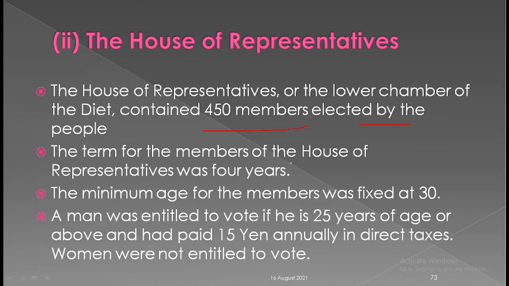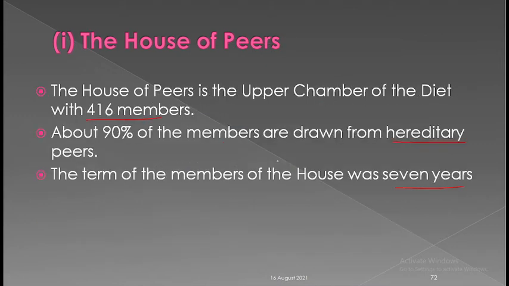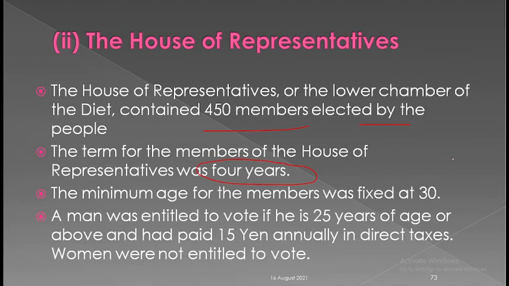The term for the members of the House of Representatives was 4 years. Let's remember, for the House of Peers it was 7 years. The minimum age for the members was fixed at 30. A man was entitled to vote if he was 25 years of age or above and had paid 15 yen annually in direct taxes. Women were not allowed to vote.